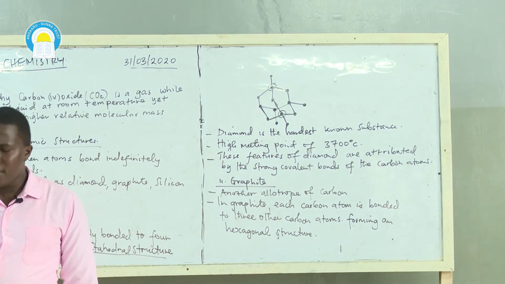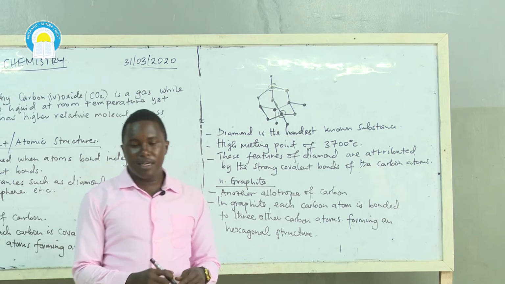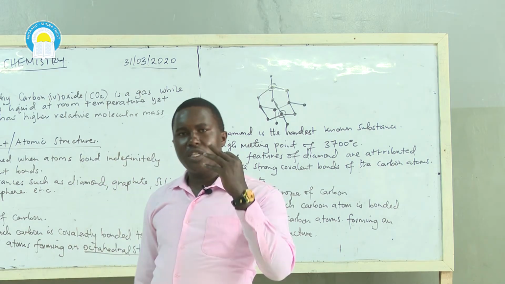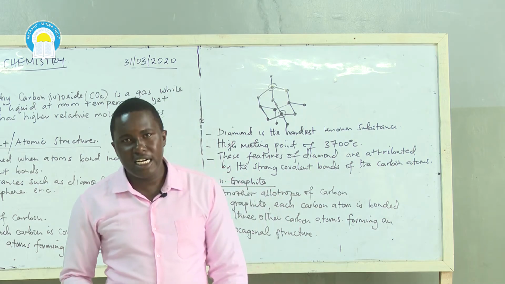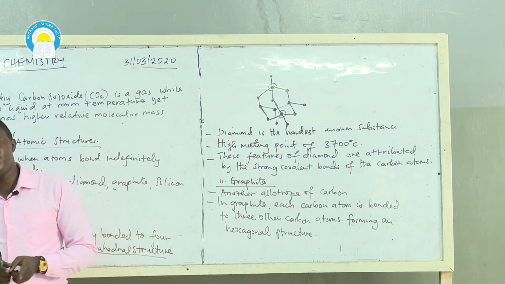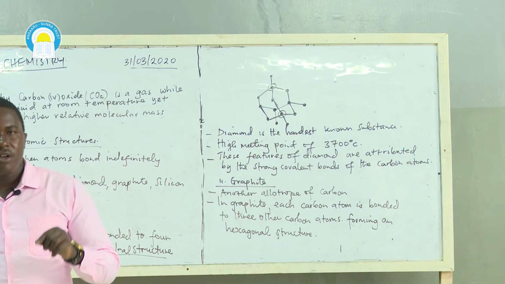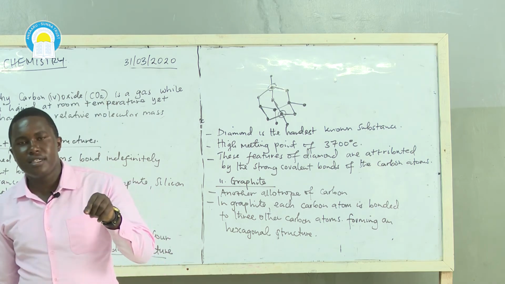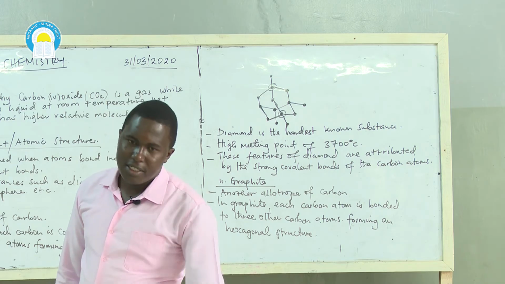So remember, carbon has 4 electrons in the outermost energy level. And therefore, when you just use 3 for bonding, then there is always 1 electron which is remaining unbonded. And this electron will be delocalized within the structure of graphite. This explains why graphite is a good conductor of heat and electricity.